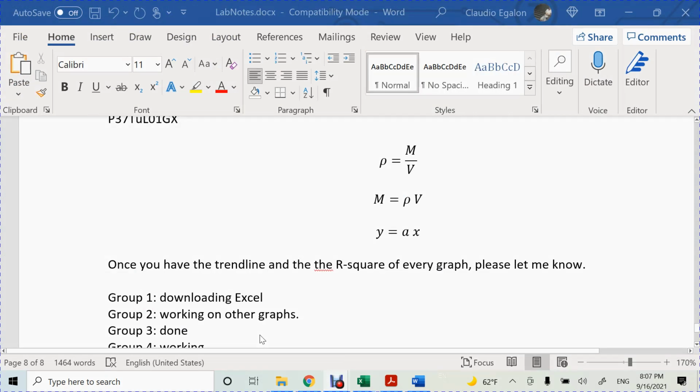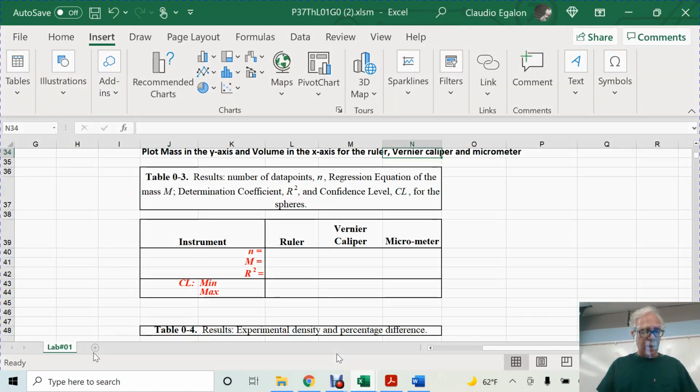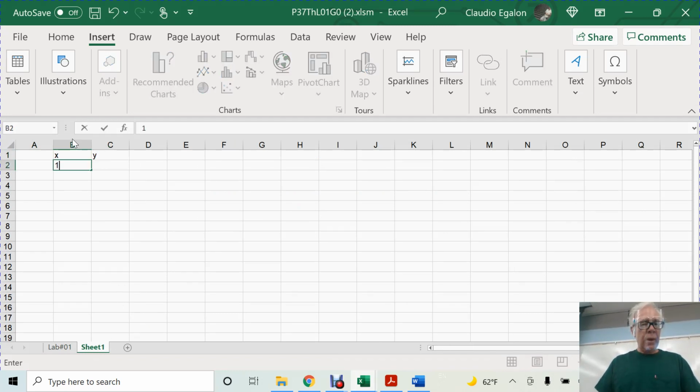Just a quick review for the regression equation, right? Here you go. I'm going to come up with a generic plot, okay? So let's say you want to plot X and Y. I'm going to create some arbitrary data here.